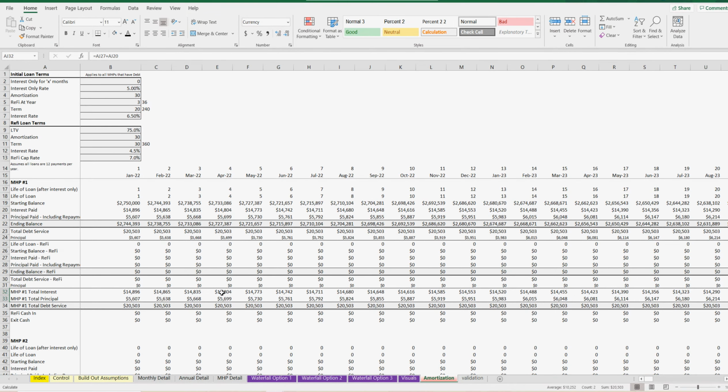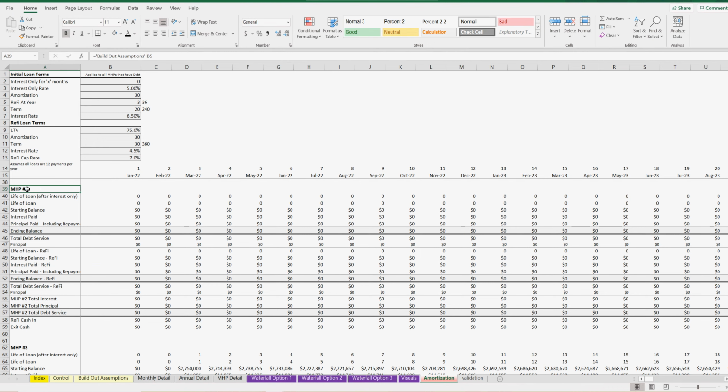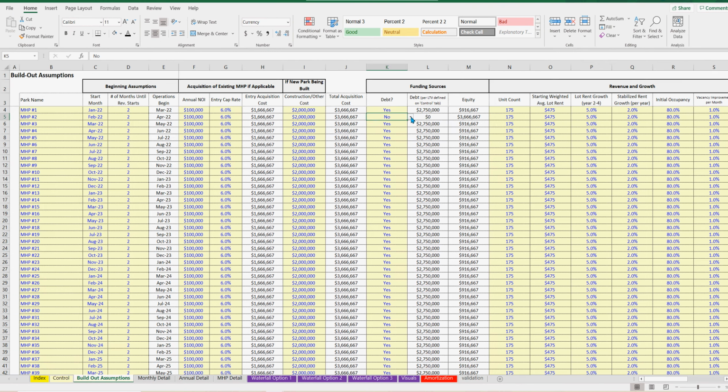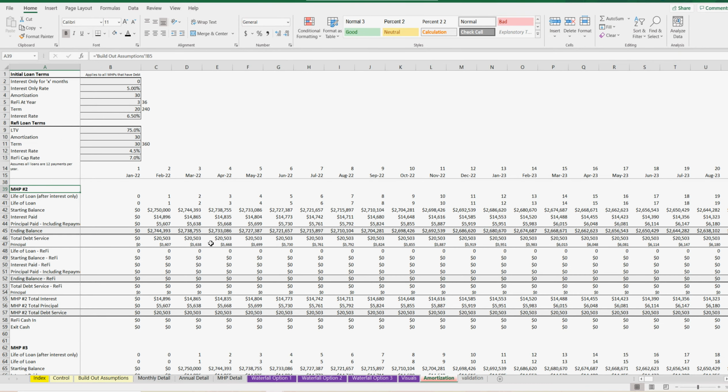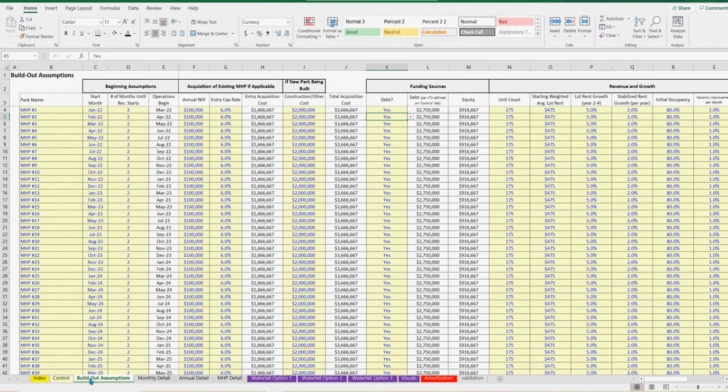If you hit no, you see for Mobile Home Park 2, if we go to the amortization schedule, number 2 is all zeros here. If I put this back to yes, you see now we've got numbers here for 2. And so if yes, it's showing the debt here and equity here of each one individually.